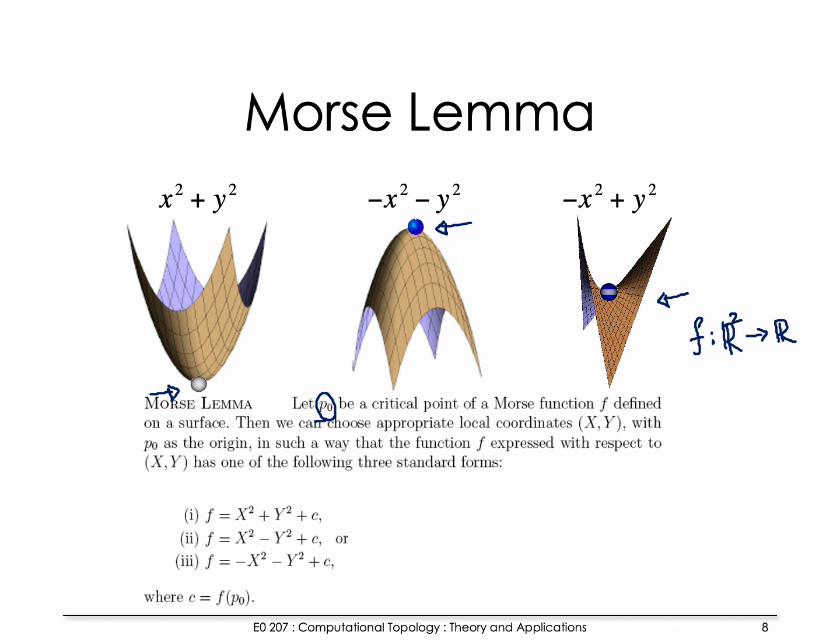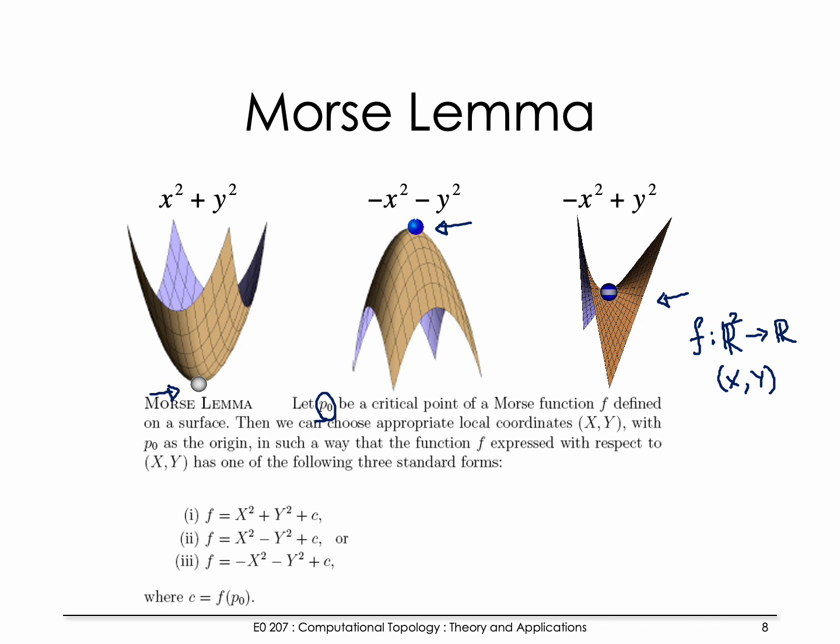So let p sub 0 be a critical point of a Morse function that's defined on a surface. Let's also assume that f can be expressed with respect to some local coordinates. We will talk about local coordinates later, but for now, let's assume that x, y denotes the two coordinates for R2.